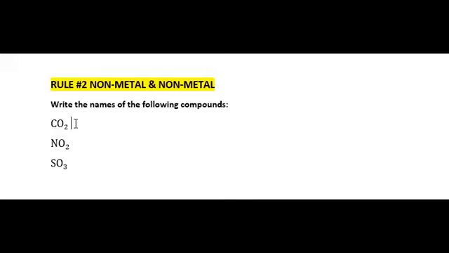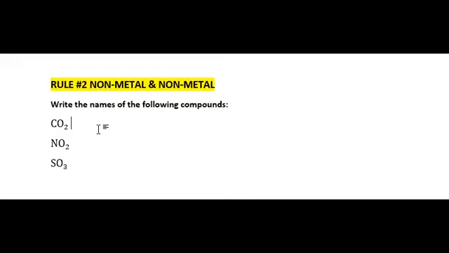Okay, so it says, write down the names of the following compounds. How do we name CO2? So we name the first non-metal, then we name the second non-metal, but according to the subscript of the second non-metal, we add a prefix, right? So here we see there's 1 carbon, but there's 2 oxygens. So how are we going to name this?